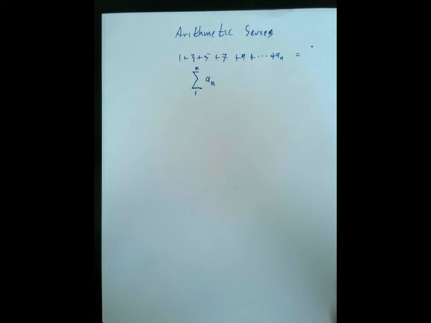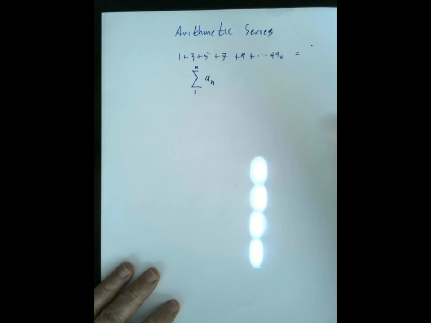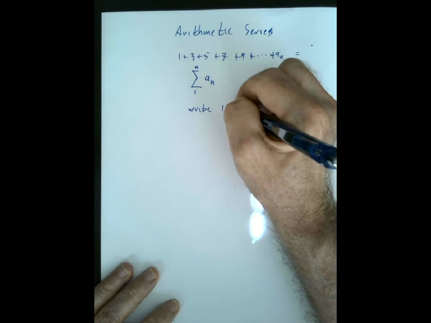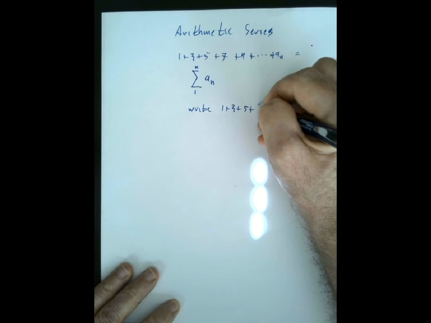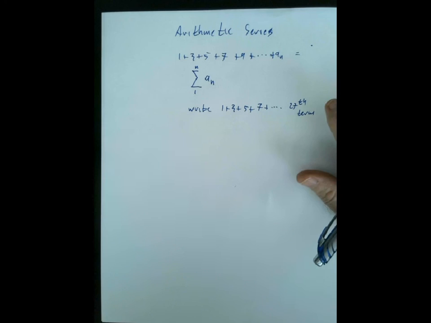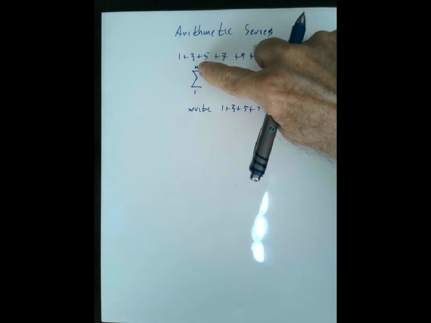So, as a warm-up, think back to series. Why don't you take this series right here, 1, 3, 5, 7, ... up to the 27th term, and write that series in sigma notation, where n here is 27.